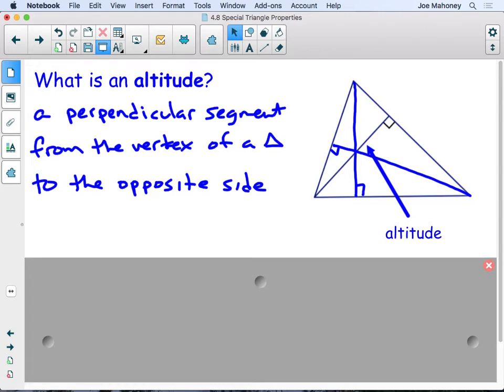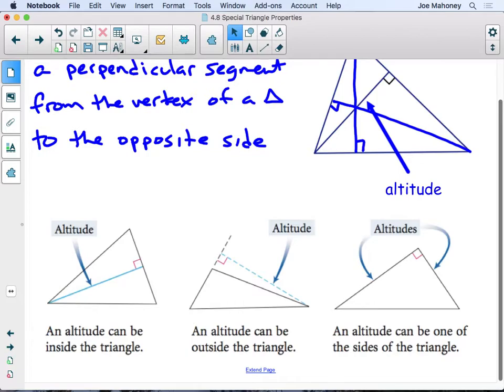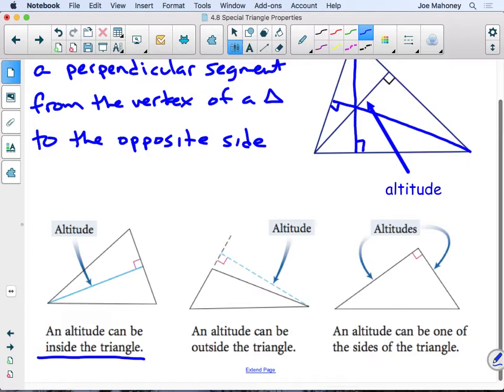Now, the interesting thing about the altitudes of a triangle, and I'm just going to reveal this little thing on the bottom, is that in some triangles, an altitude is inside the triangle. See this one on the left? The altitude is inside the triangle. Sometimes the altitude is outside the triangle, like in this one here. That's where I want to amend this definition, because in this triangle I had to take this side, this base, and extend it to draw my altitude.